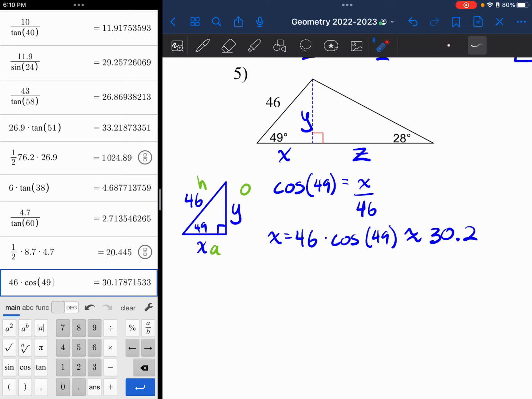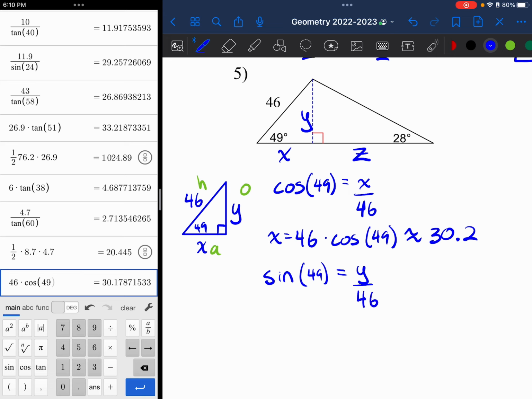What if I want to find y? I have to set up a new trig value. If I want y and not x, then I'm going to use these two together, and the O sound comes from sine, right? So I have sine of my angle. My angle in this case is still 49. And so it's opposite over hypotenuse, so it's going to be y over h. I know h is 46.